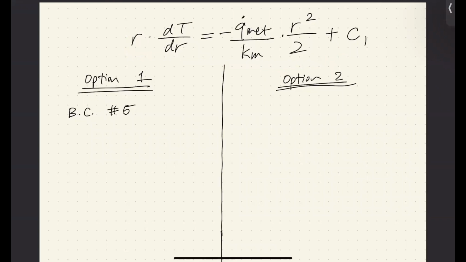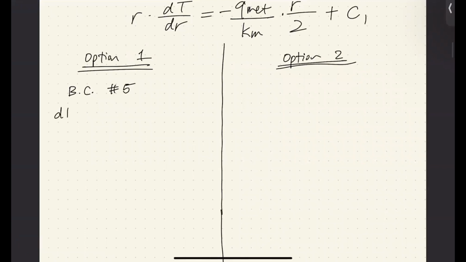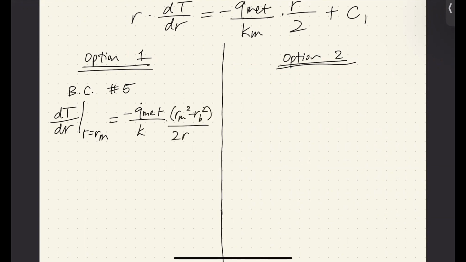So boundary condition number 5 gives us a slope at r equals rm, and we know that this slope is negative Q met over k times rm squared minus rb squared over 2 rm.